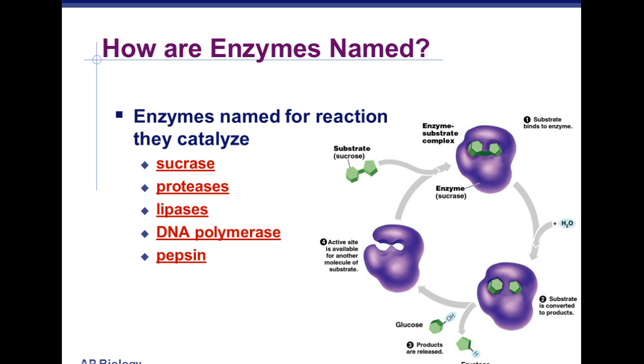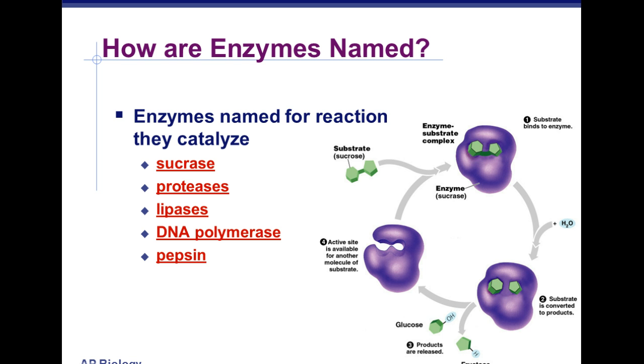In an earlier podcast, we discussed how enzymes get their names, but it's worthwhile repeating it now that we're actually talking in detail about them. Write in your notes that enzymes are named for the reaction they catalyze and the substrate they work with, and most times have an ASE ending.